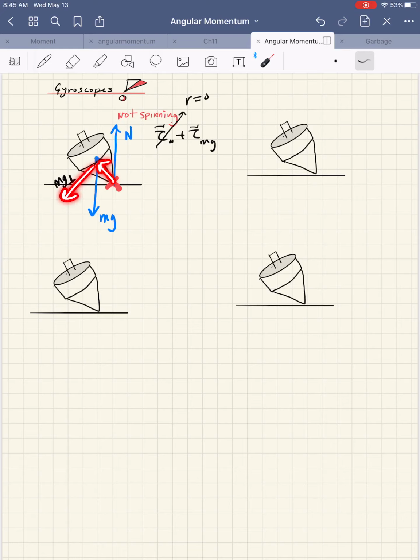So there will be a net torque from gravity, and this just causes a rotation like this. So this rotation, due to the net torque, will rotate in the counterclockwise direction, which is the positive z-hat direction, or out of the board.